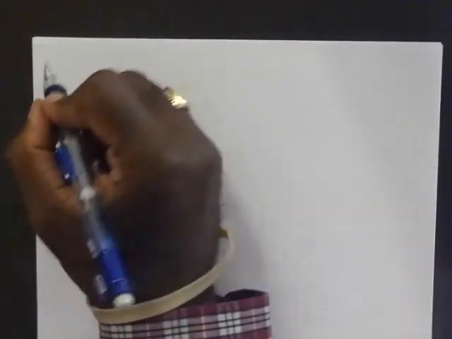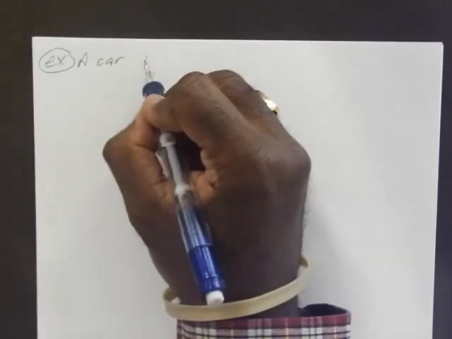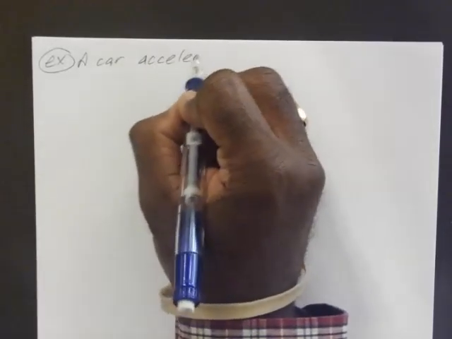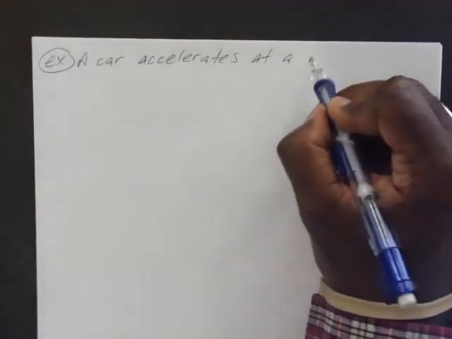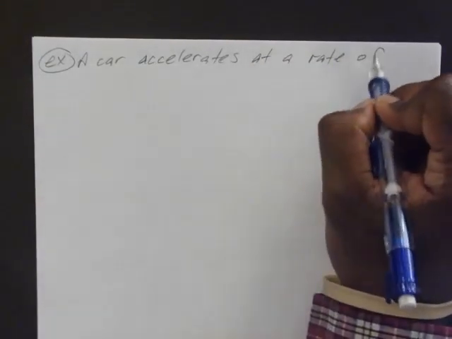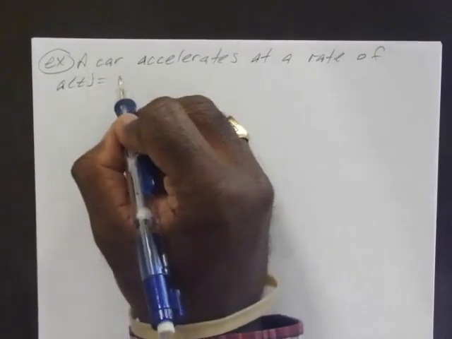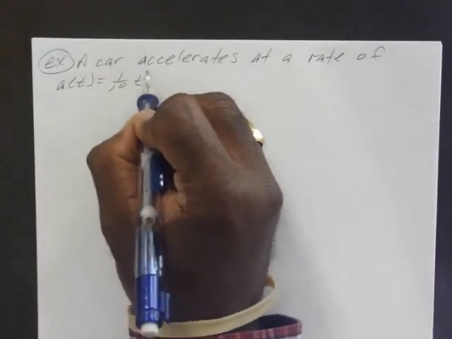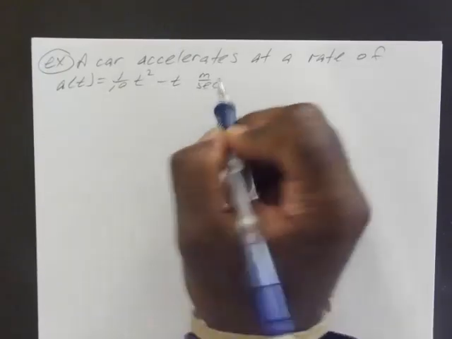So let's say for the next example, let's say that a car accelerates at a rate of, say, a of t is equal to 1 over 10 t squared minus t meters per second.